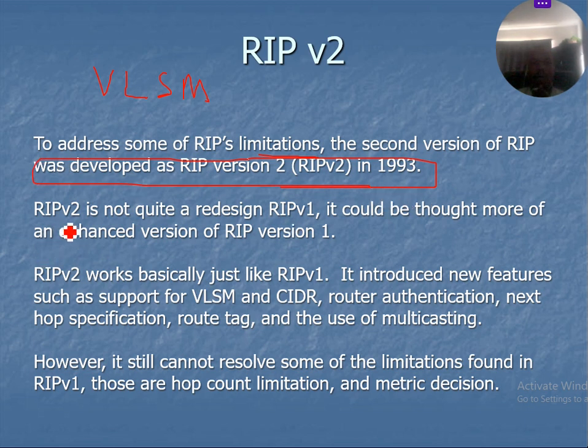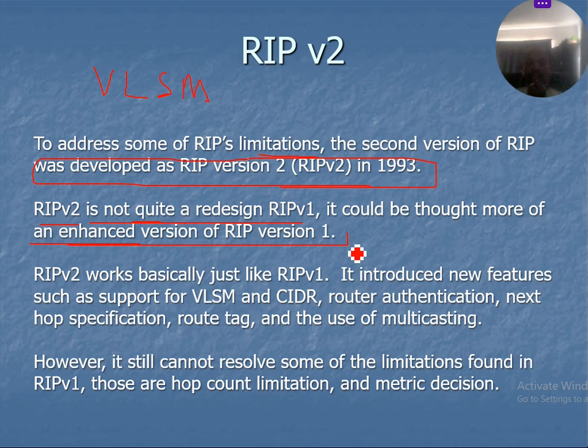So RIP version 2 is not quite a redesign of version 1. It's not totally different. Everything is the same, except that it is an enhanced version of version 1. They're just trying to enhance it and make it support some of the things that version 1 could not support.